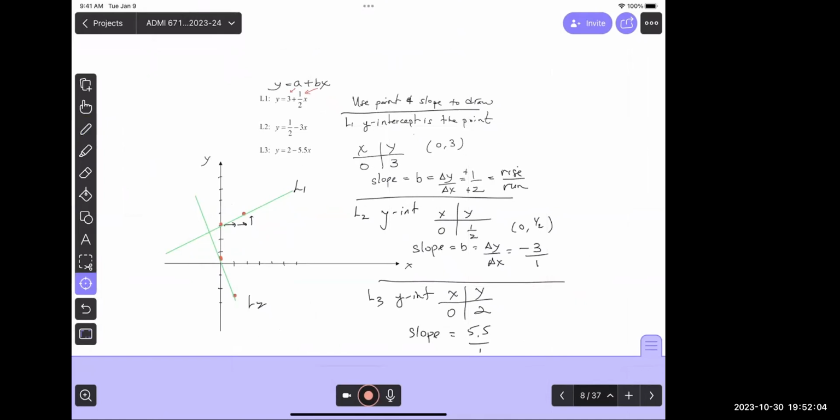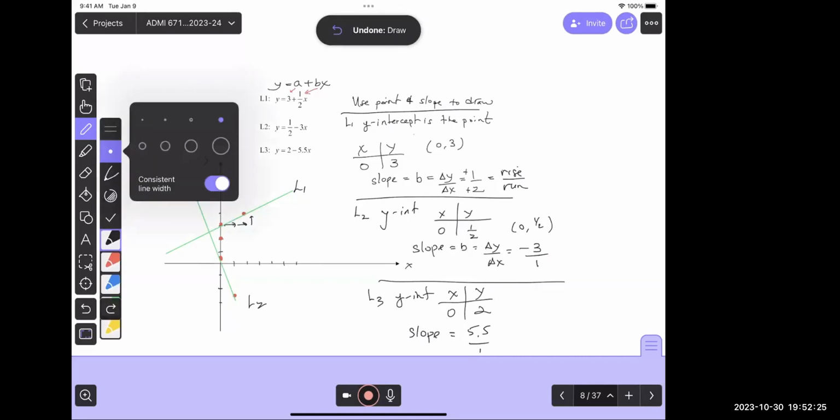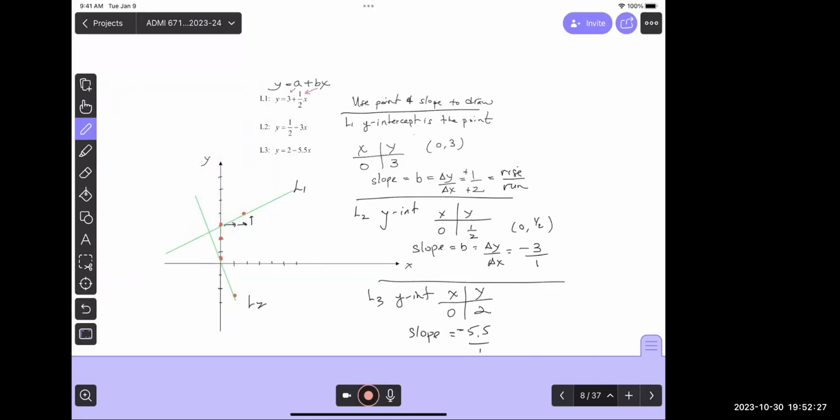And so we mark 0, 2, so that's here. And then I move 1, and it's a negative 5.5. So 1, and then 1, 2, 3, 4, 5.5.